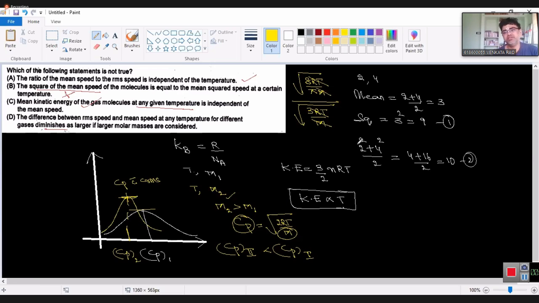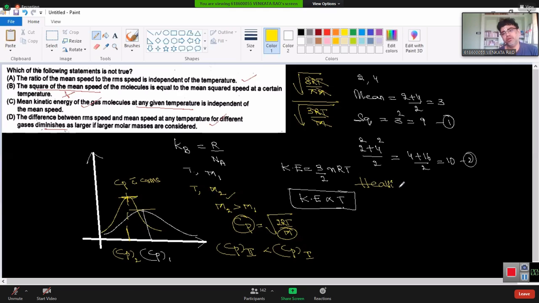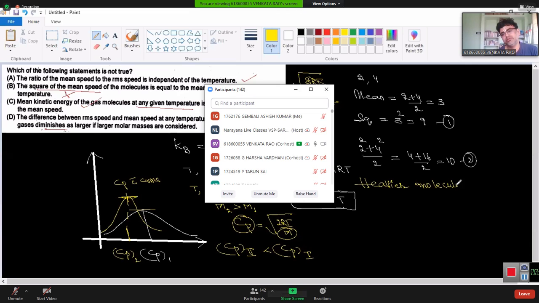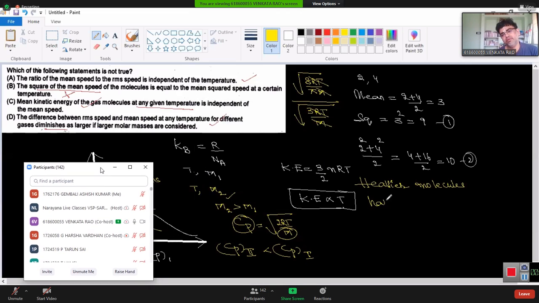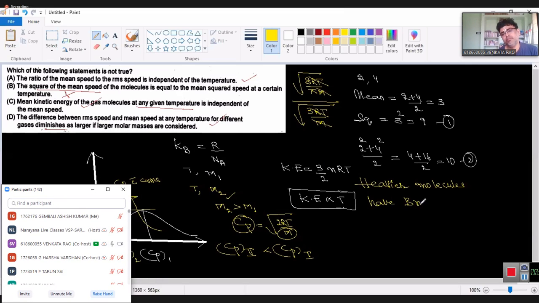Try to remember this fundamental: heavier molecules have narrow distribution. The peak becomes narrow.